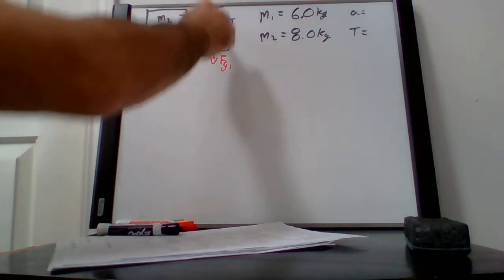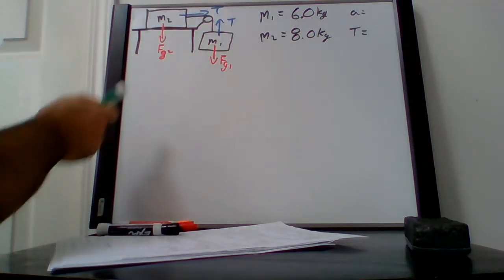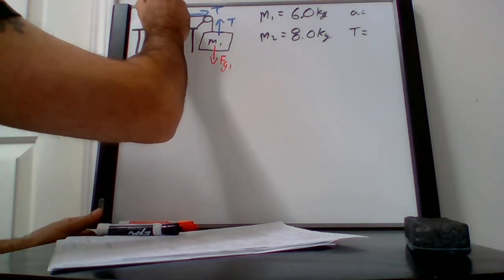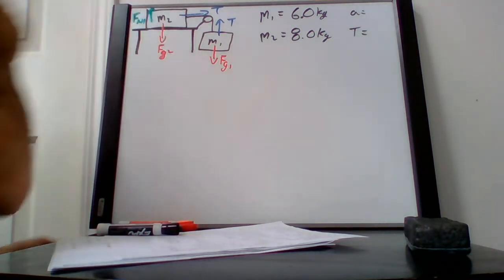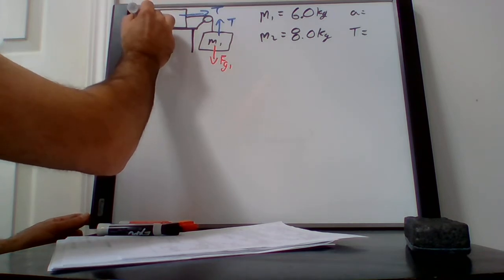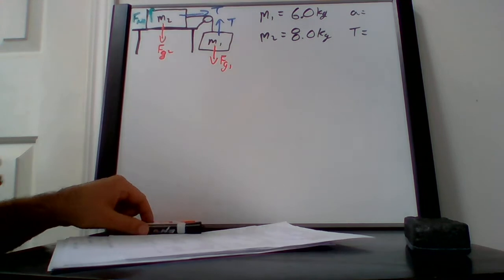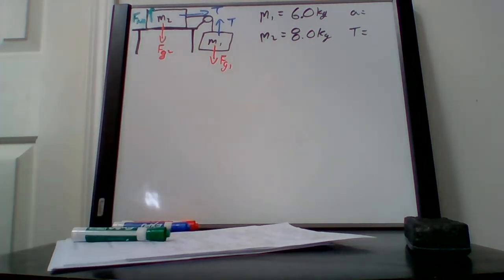Because this rope is attached here. And then since this is sitting on the table, I also have to have an Fn2, a normal force on this block as well. Okay, it's important to draw all of our pieces.